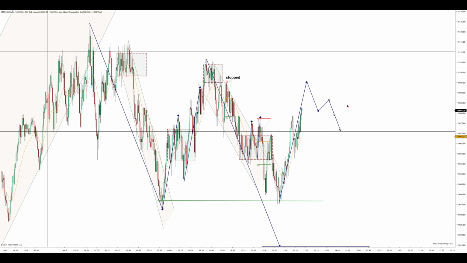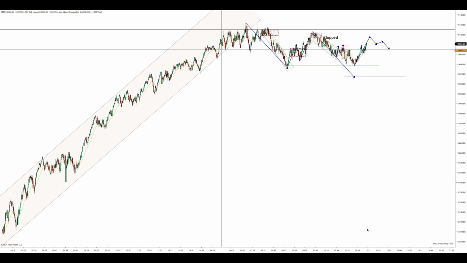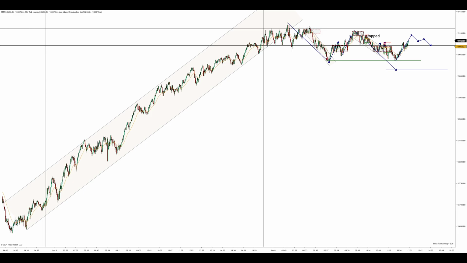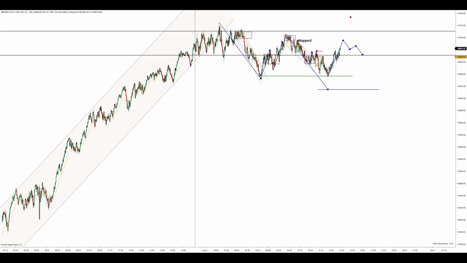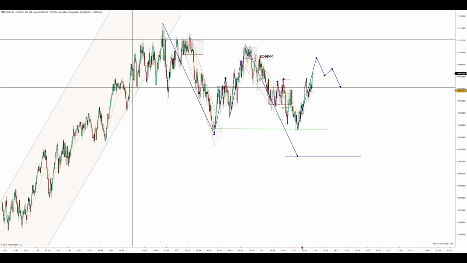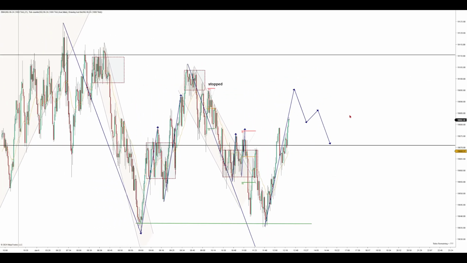So, we can get something like this, failed second entry, big picture. That would be great considering the size of this uptrend that we're looking to make a new high. So uptrend, 2-legged break, push up to a new high, great place to get a failed second entry. So hopefully we can get something like that soon.